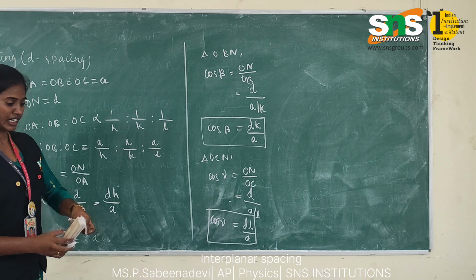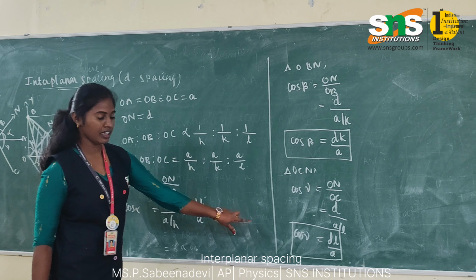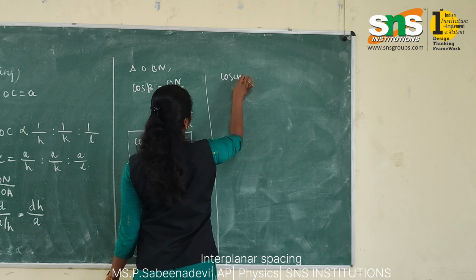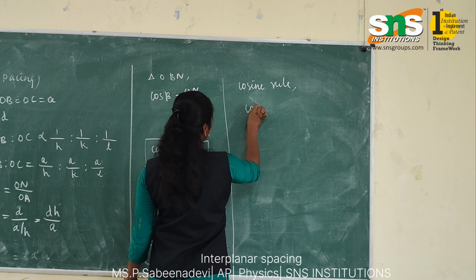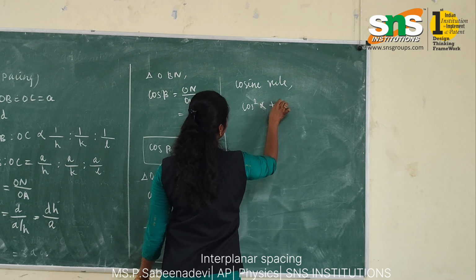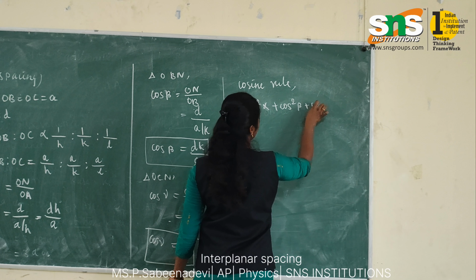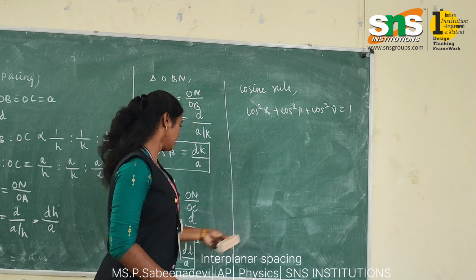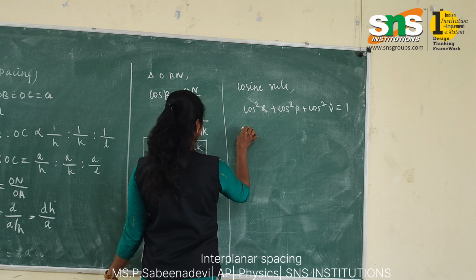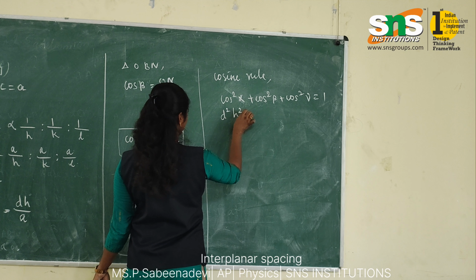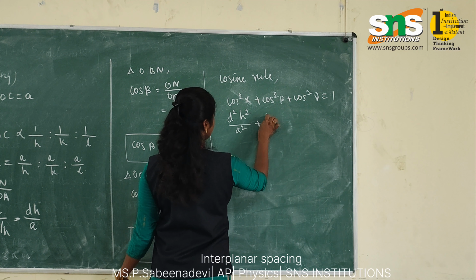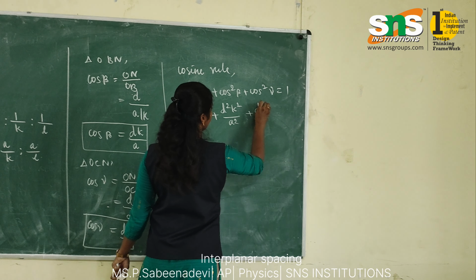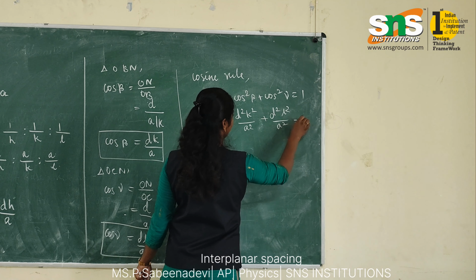Now we have the values of cos alpha, cos beta, and cos gamma. Now we apply the cosine rule: cos square alpha plus cos square beta plus cos square gamma is equal to 1. Substituting, d square h square by a square plus d square k square by a square plus d square l square by a square is equal to 1.